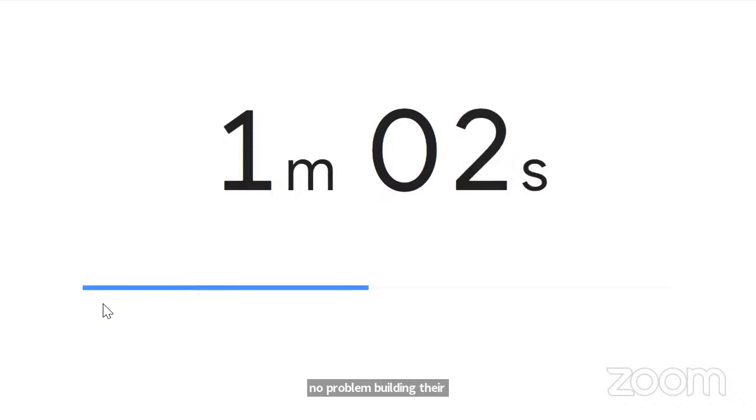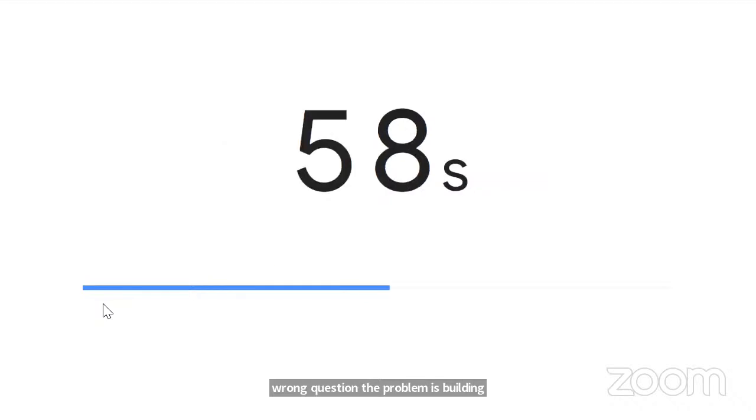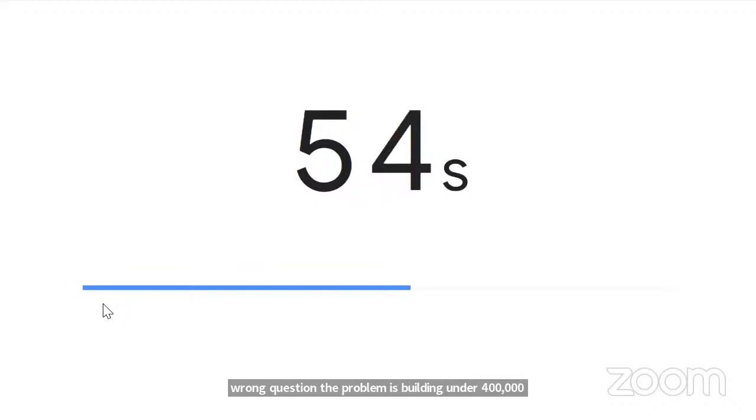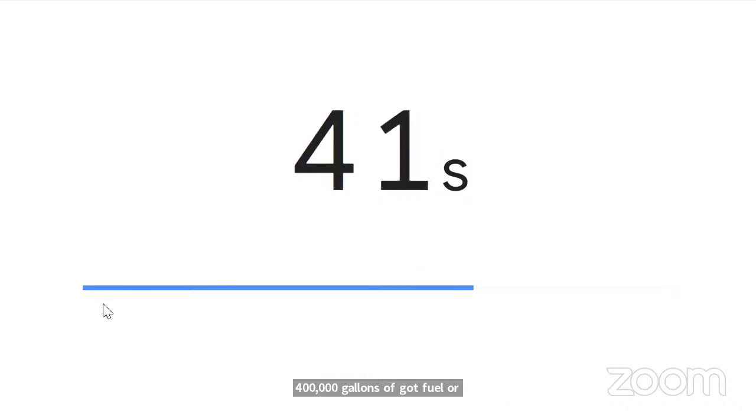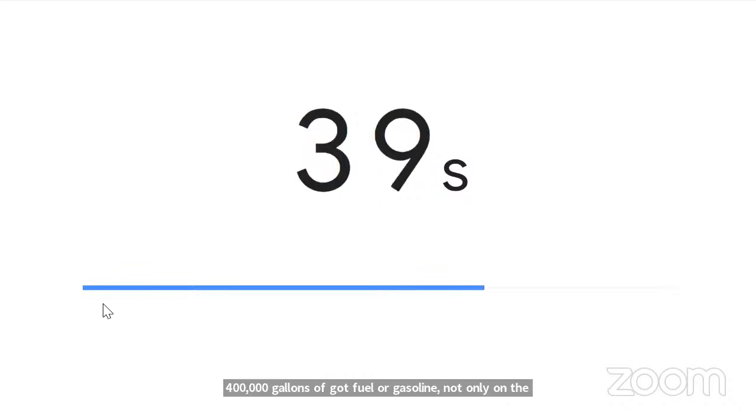And finally, they say, well, there's no problem building near a refinery. Well, that's the wrong question. The problem is building under 400,000 gallons of petroleum tanks, which anyone coming from Marin will clearly see the bulldozers dozing under 400,000 gallons of jet fuel or gasoline, not only on the crest of the ridge, but adjacent to the development.